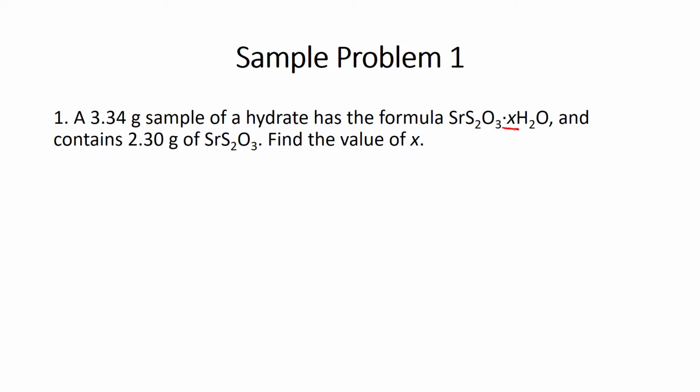We don't know the number of water molecules here, so we're just going to represent it with X. The hydrate has the formula SrS2O3·XH2O and contains 2.30 grams of SrS2O3. Find the value of X. So we're basically finding this part right here.